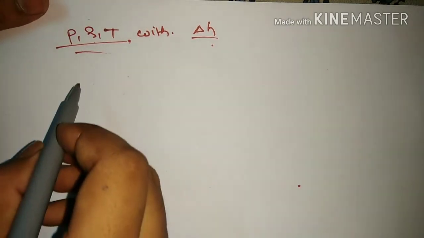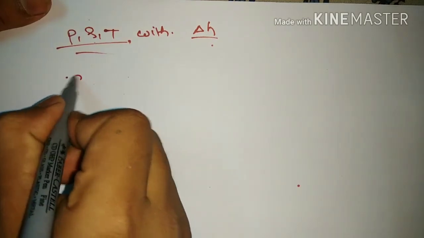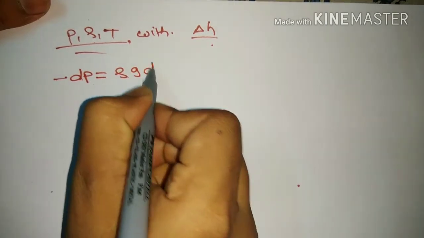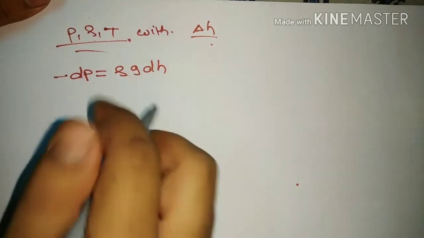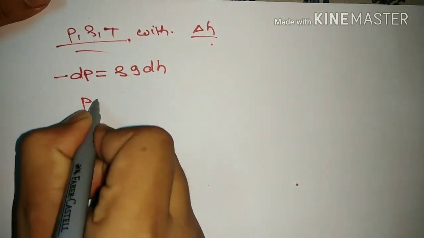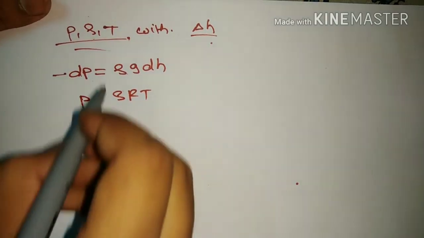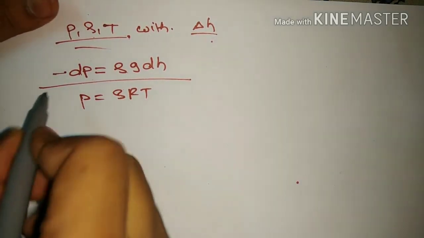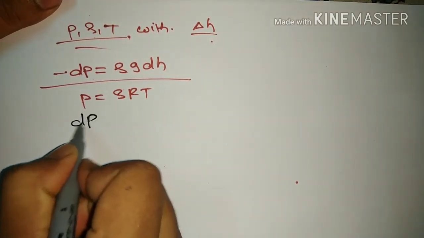We already know that minus dp is equal to rho g delta h. That is equation number 3. And p is equal to rho RT, the general equation, so we are going to divide by this equation. So what will be the answer? This is dp by p.